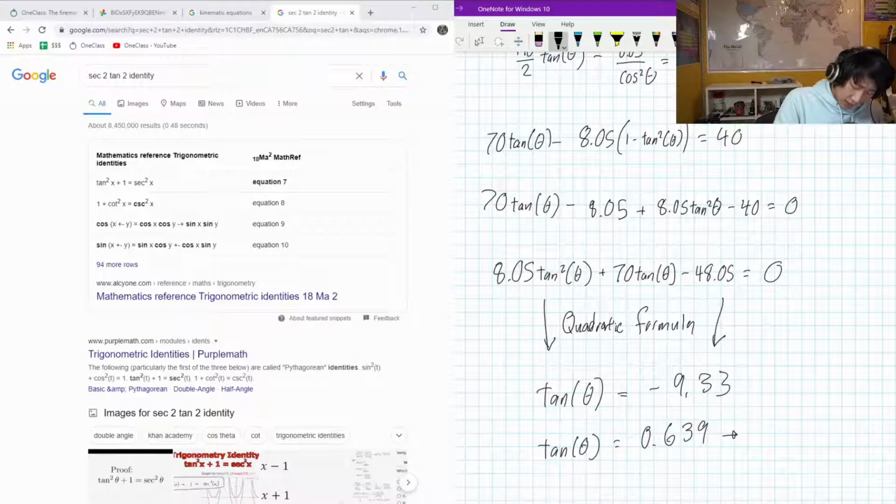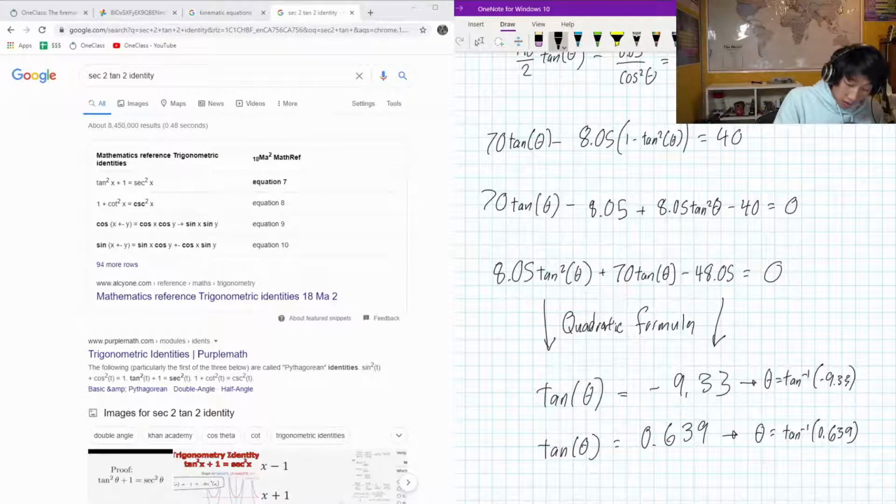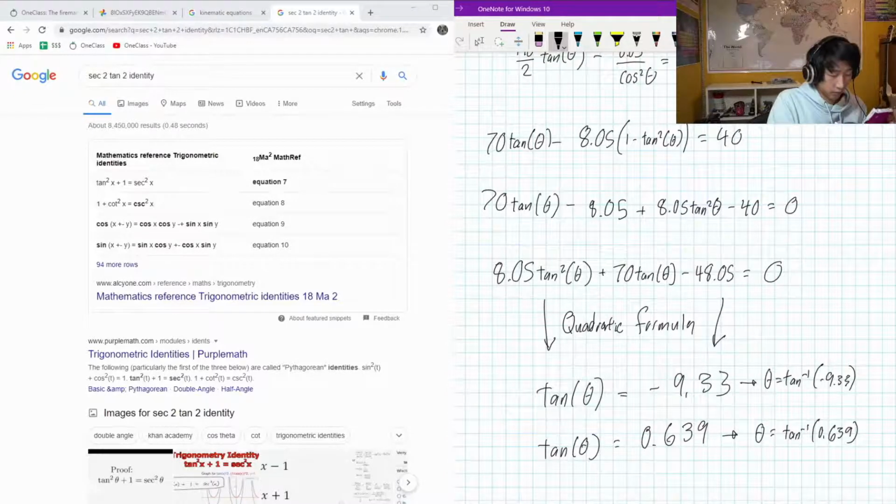Okay, now taking the tan inverse, or arctan, of each of these.